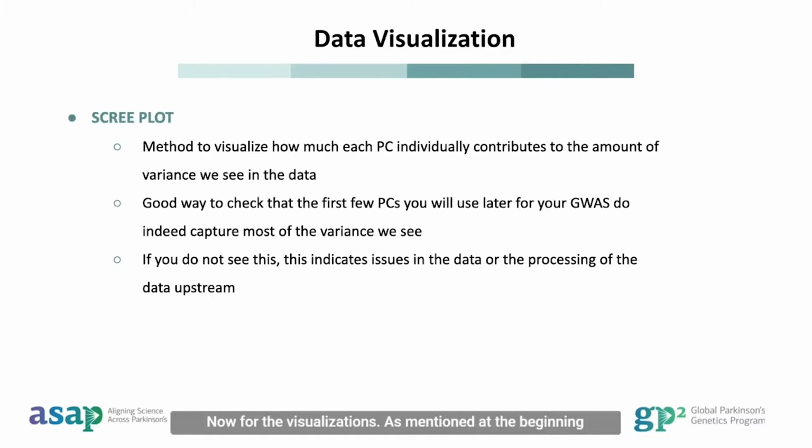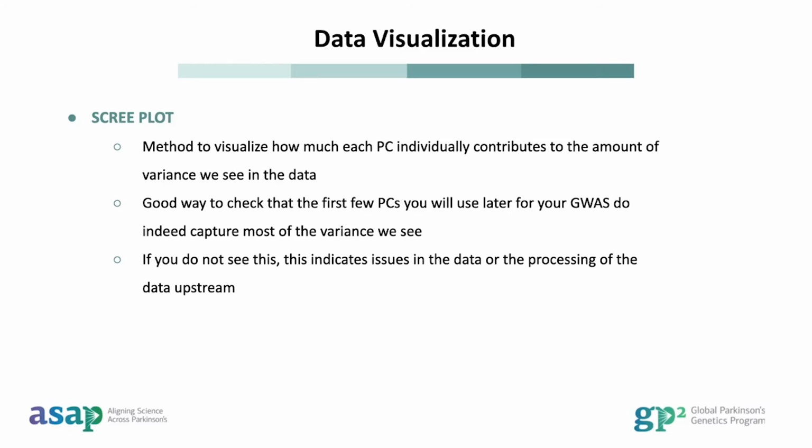Now for the visualizations. As mentioned at the beginning of the module, we will be going through what are and how to make scree, QQ, and Manhattan plots. A scree plot is an easy to make and easy to understand visualization that shows you how much each principal component contributes to the amount of variance we see in the data overall.